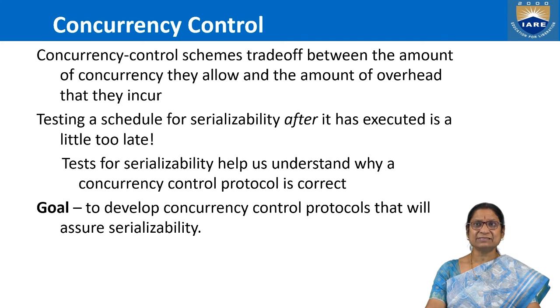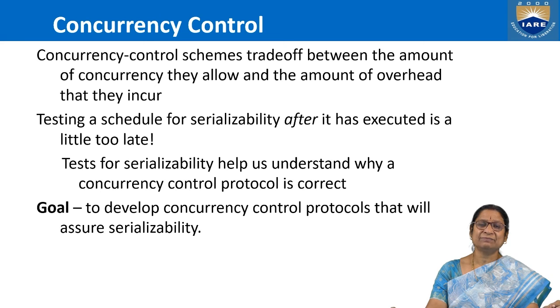So the concurrency control scheme must be a trade-off. What is the trade-off? How many transactions will be there in a schedule? That is the amount of concurrency that they allow. Actually, there is no limit, but any commercial database management system software should take care of that. A schedule should not contain 20, 25 or 100 transactions, and it should not wait till that particular number of transactions are submitted either.